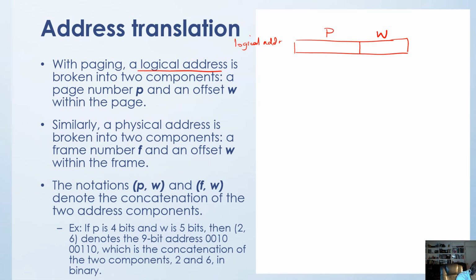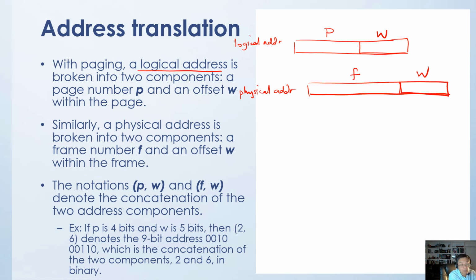Now the physical address is also broken into 2 components. The first part is the frame, the second part is the offset. Remember, the offset should be the same size.